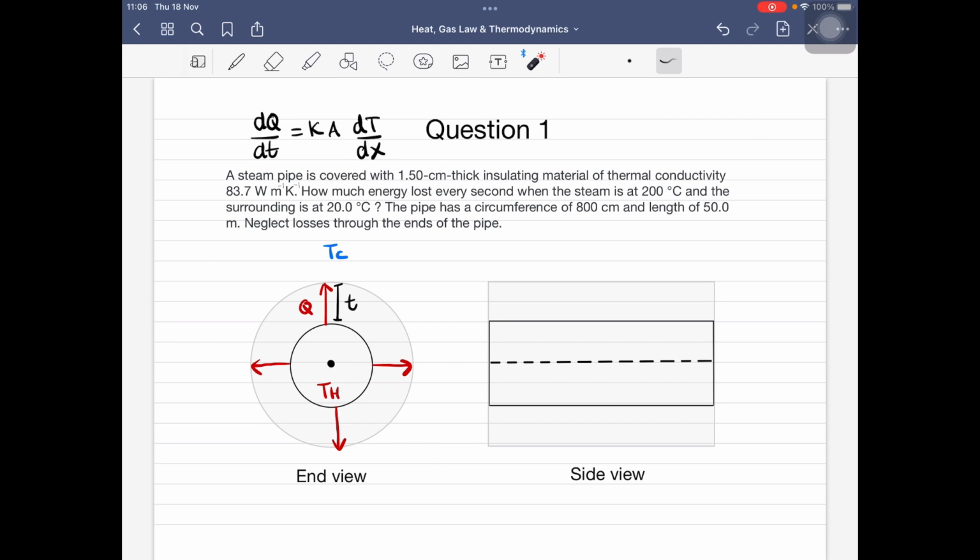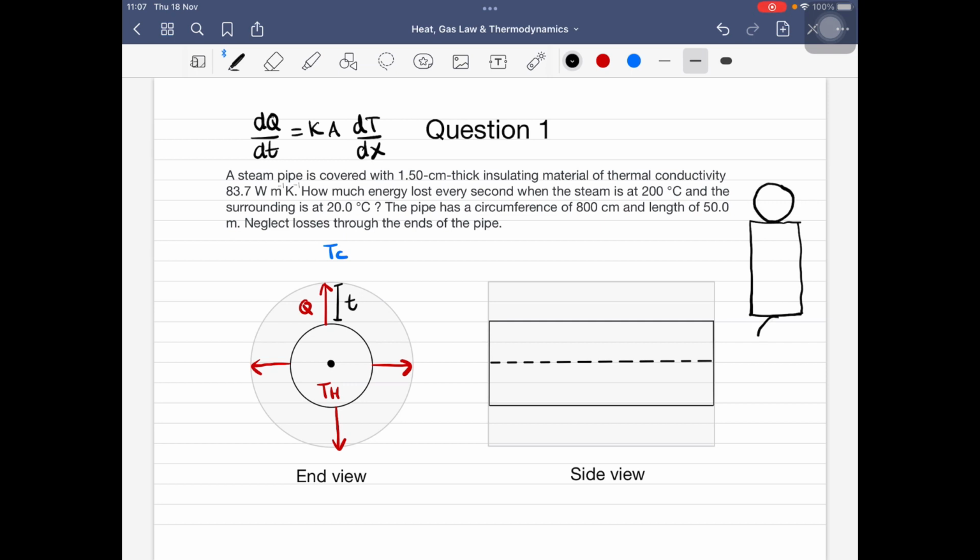If you look back, this insulator is covering our pipe, and we know that our pipe is a cylinder. So now we're dealing with a cylinder.